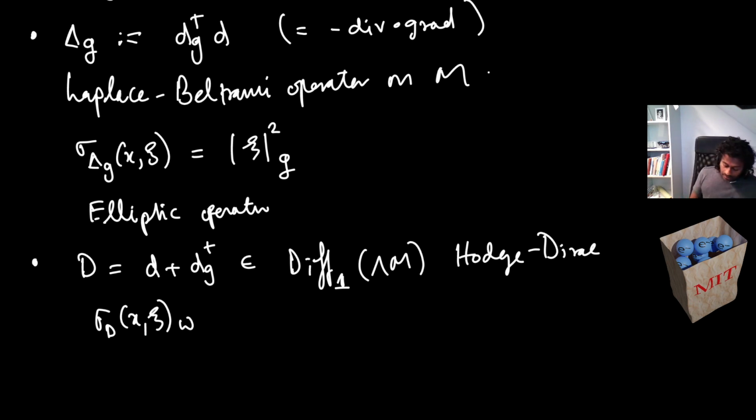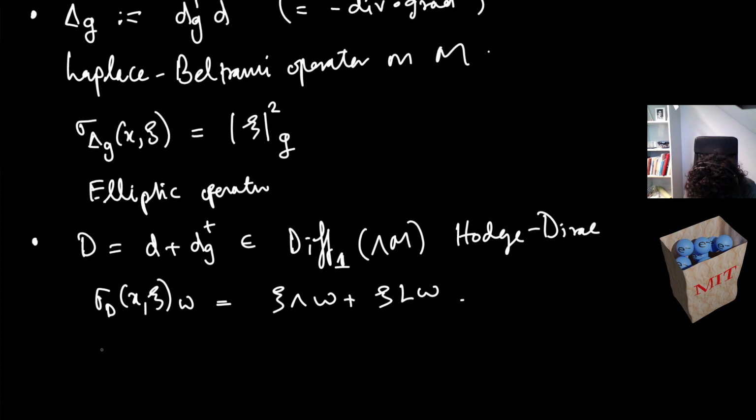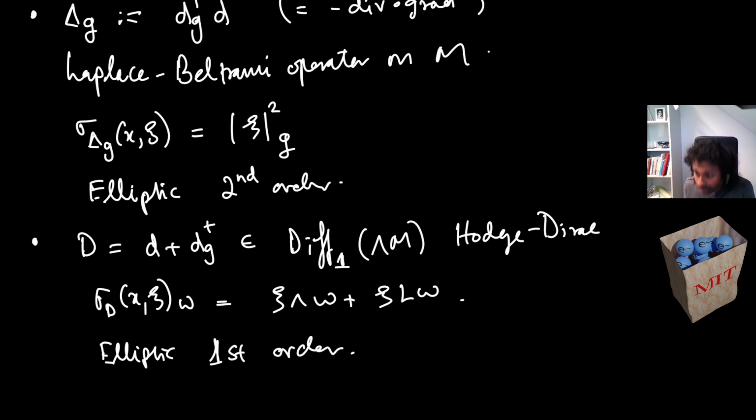The happy story about first order operators is that it's linear in the psi variable, right? So the principal symbol of this is easily checked to be that. And this is also elliptic. So this is an elliptic second order operator. And this is elliptic first order. Yes?